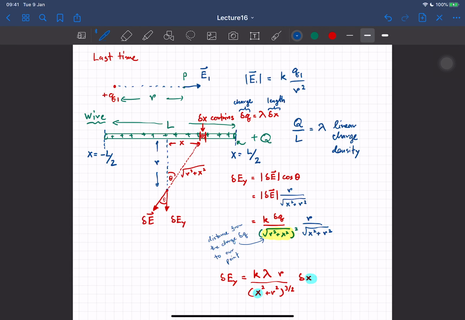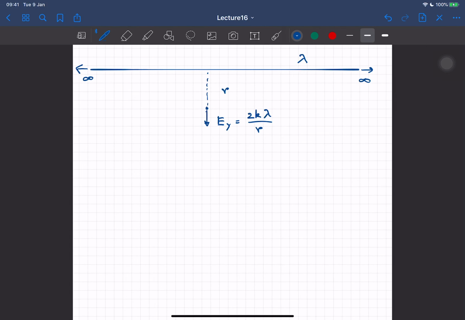If you have a different configuration, for example, if you have a sphere of charge plus Q, and this is a conductor, and you know from last time that the charge will distribute over the surface. I'm going to show you the previous slide before the break. But right now I just want to talk about this point first. If you have a conducting sphere with a charge, the charge will distribute over the surface, so it's going to be plus Q everywhere.